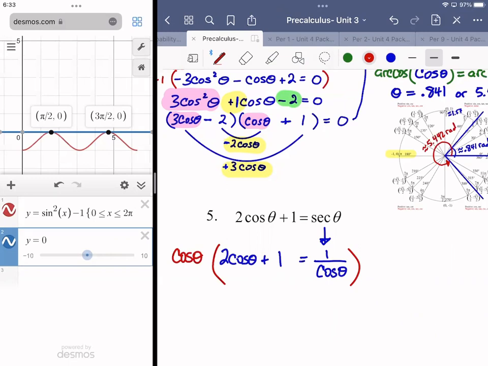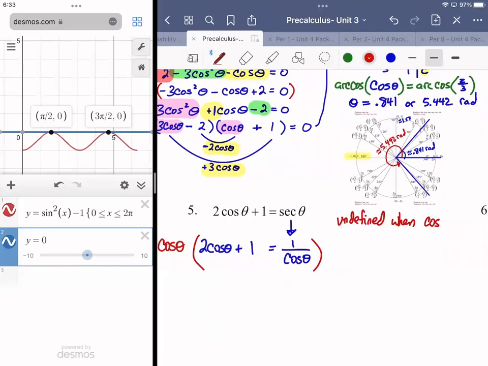All right, this function is undefined when cosine of theta is equal to 0, right? Because that's the denominator of a fraction. We never want 0 in the denominator of a fraction. So if cosine of theta is equal to 0, then we'd have a problem.